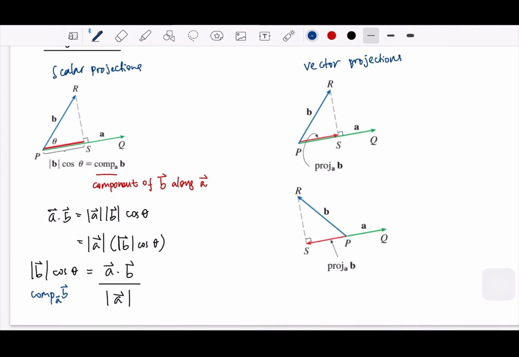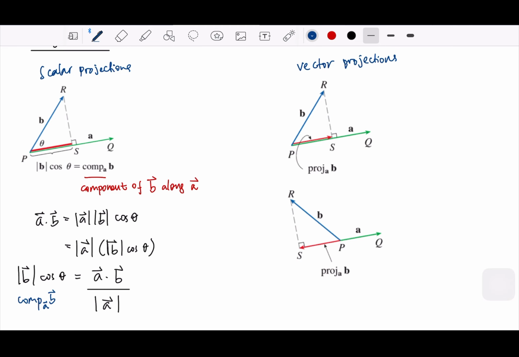Now what's the difference with the vector projection? Vector means it has direction.